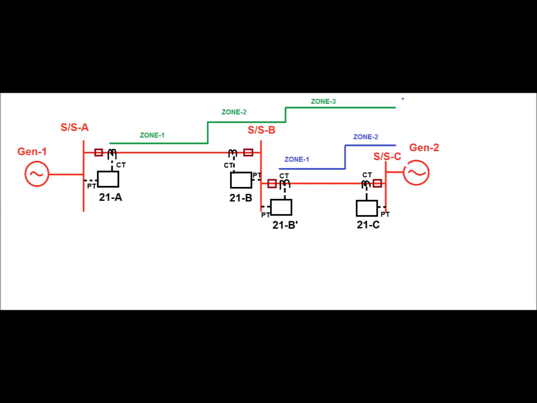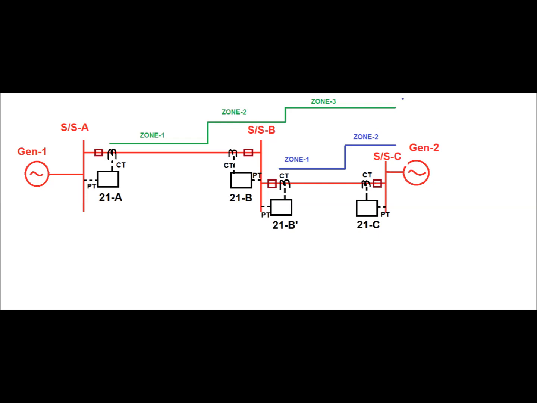Now zone 1, zone 2 and zone 3 are the forward zone protection for a distance relay. Zone 1 should cover 80% of the line length, and the rest of the protected line length is covered by zone 2. Zone 2 setting for a single circuit is 120% of the line length. For a double circuit line it is set as zone 1 line length plus 50% of the adjacent line length.